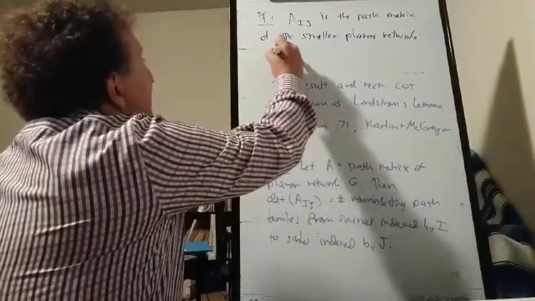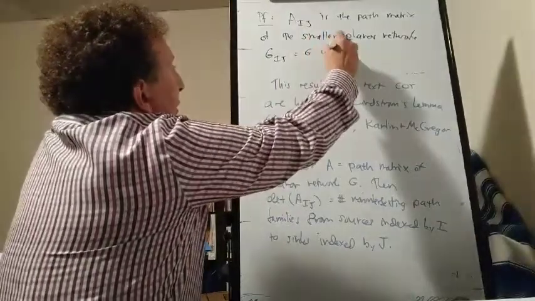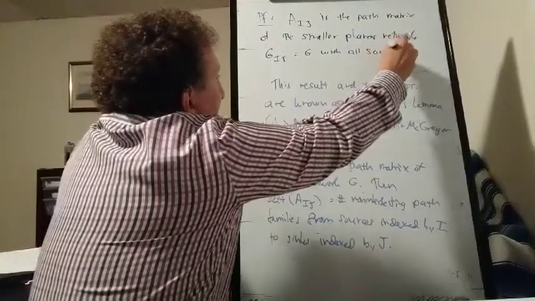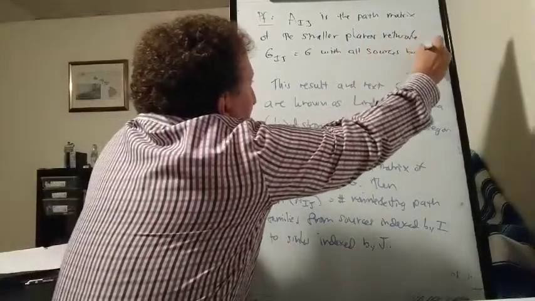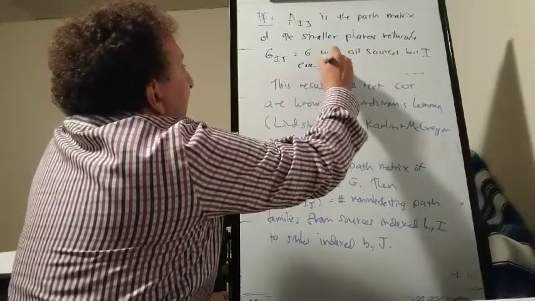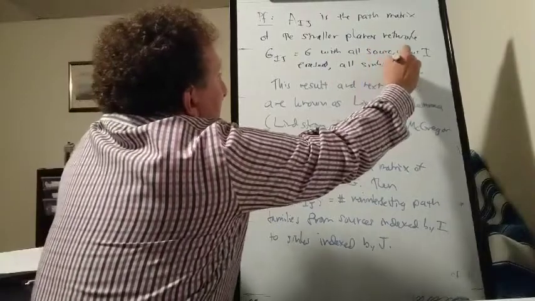Let me call it G_IJ, which is G with all sources but I erased, and all sinks but J erased.